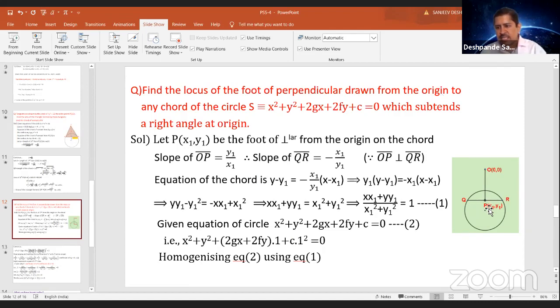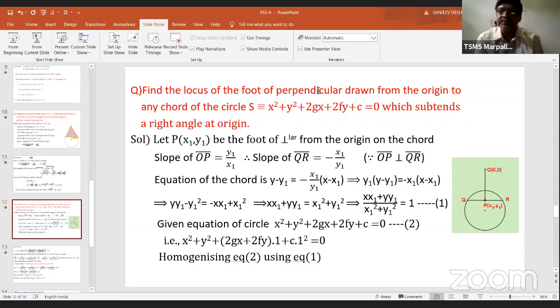Here it is mentioned that the foot of the perpendicular is drawn. So the phrase foot of the perpendicular here means that the point P(x1, y1) is the foot of the perpendicular. It is already mentioned that this is perpendicular. We are going to find the locus of these feet of the perpendiculars, which are points. The words are mentioned in the problem itself. That is the reason I have taken perpendiculars.